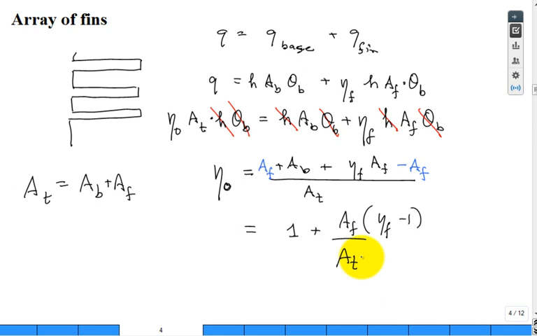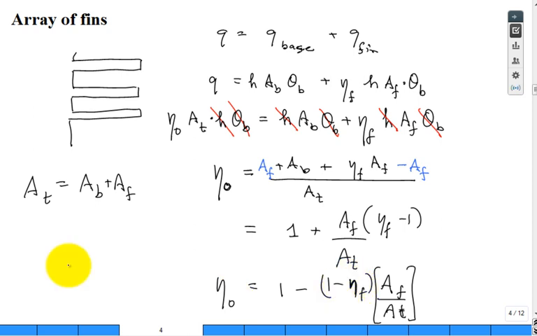Or you put 1 minus the efficiency of the fin... 1 minus the efficiency of the fin times the area of the fin divided by area total. I think this is the equation the book has.